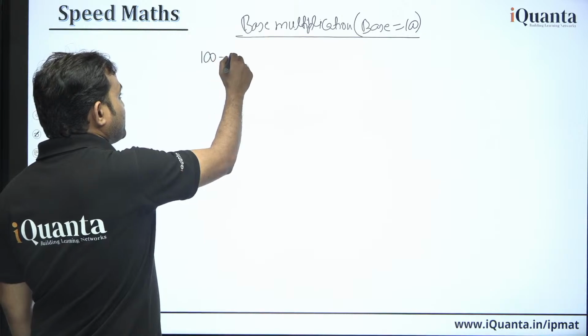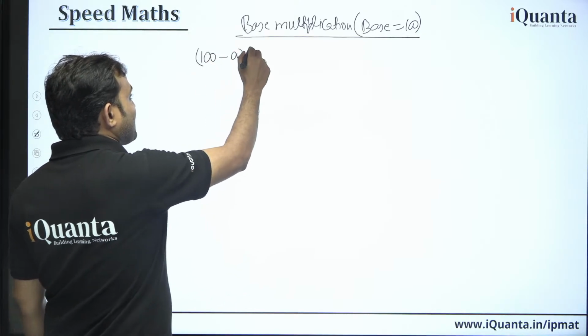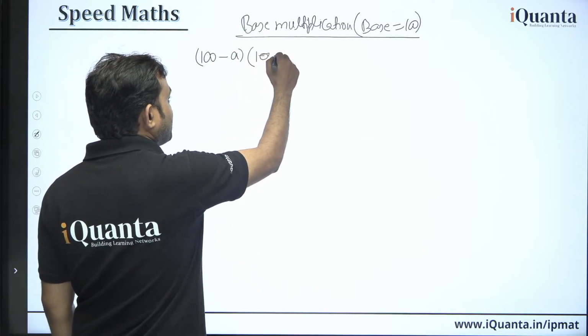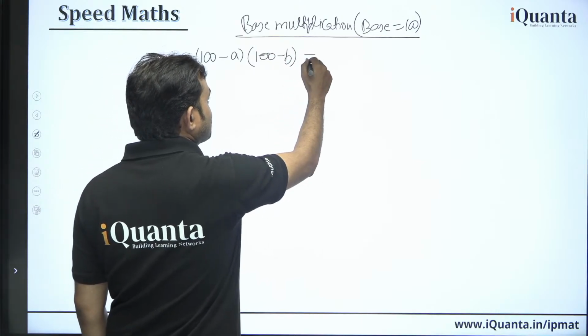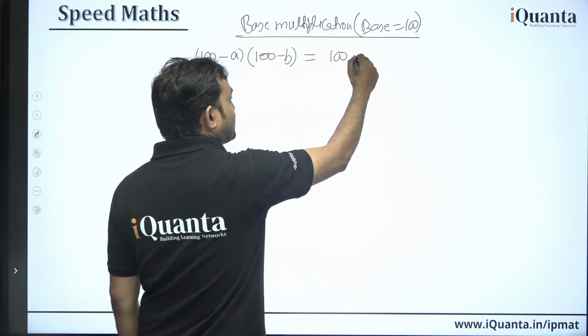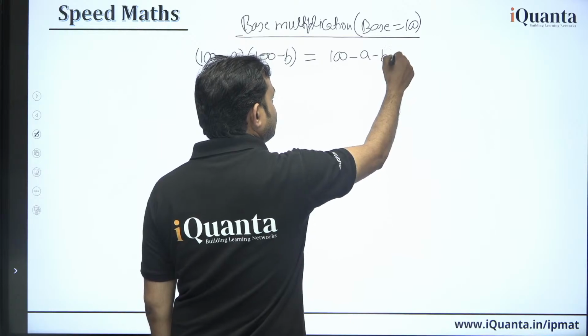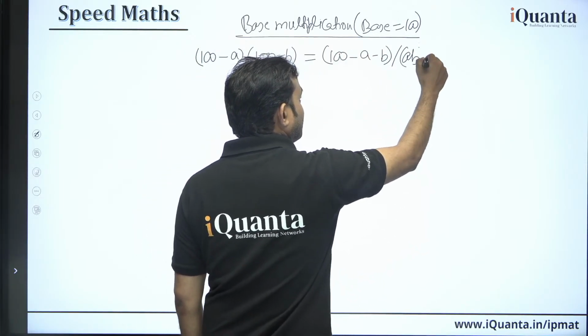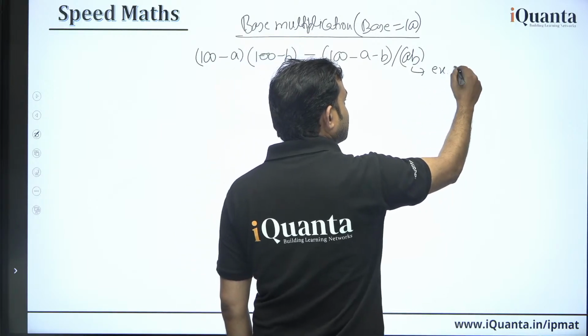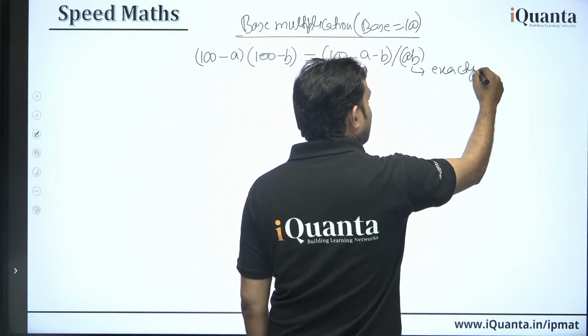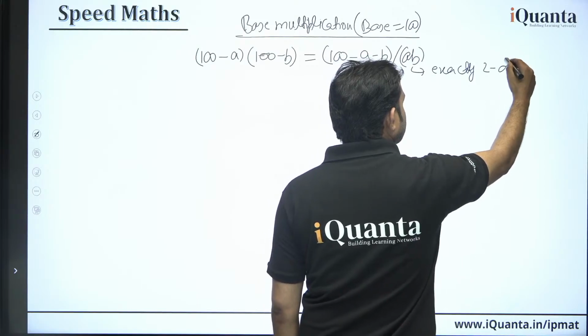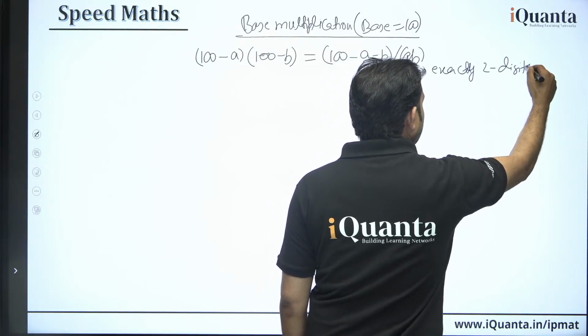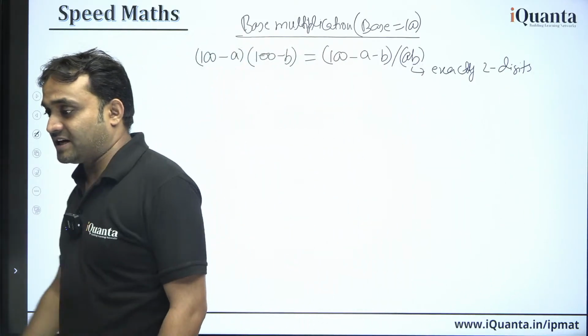If one number is 100 minus a, another number is 100 minus b, and if you multiply these two, the result will be 100 minus a minus b, AB. Again, this AB will have exactly 2 digits. Now I hope you know the meaning of this, right?